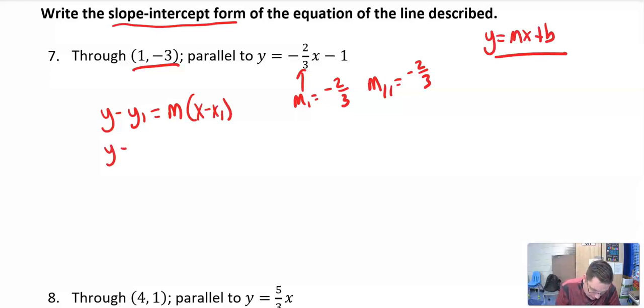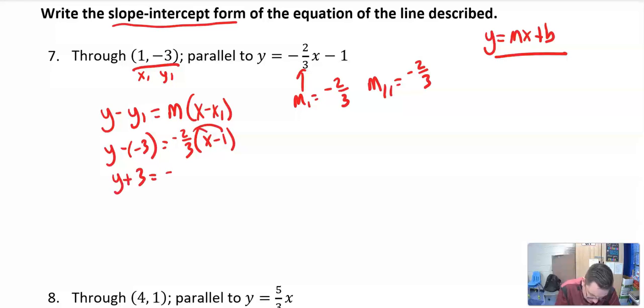And so y minus our y sub 1, which is -3, equals our m, which is -2/3, times x minus 1. So y plus 3 is equal to, we're going to distribute this and get -2/3 x plus 2/3.